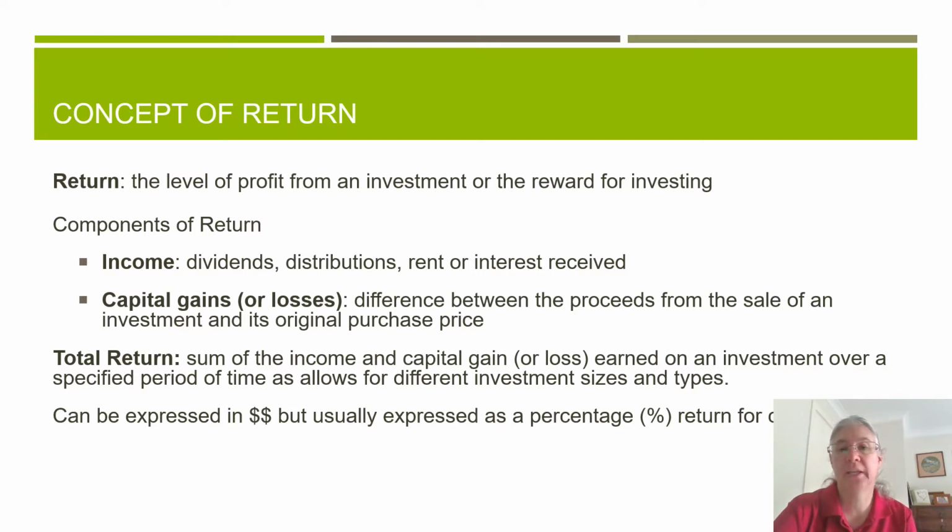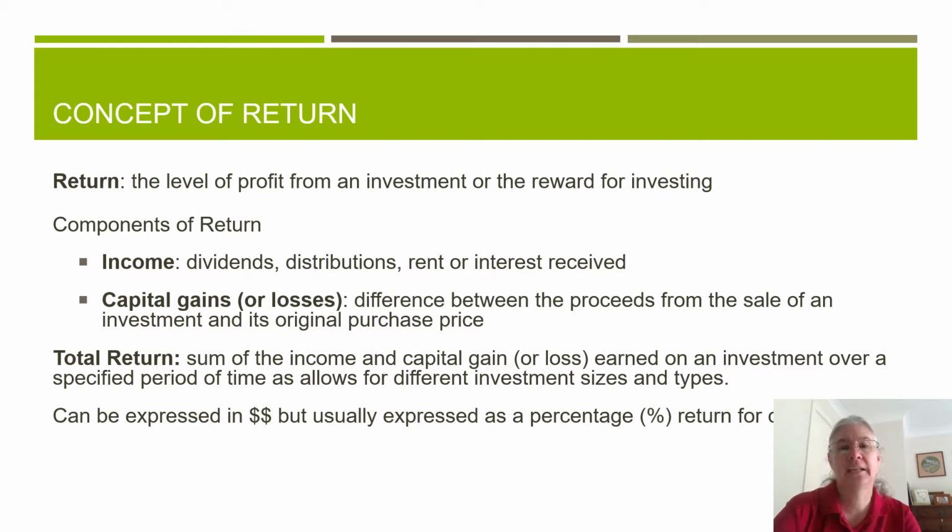If it was property, they'd be giving you rent. Bank account could give you interest. So it's the same concept, it's just depending on what the investment is you've chosen, they've just got a slightly different name for the income. So your investment may give you income, it may not. It will either give you income or a capital gain, or perhaps both.